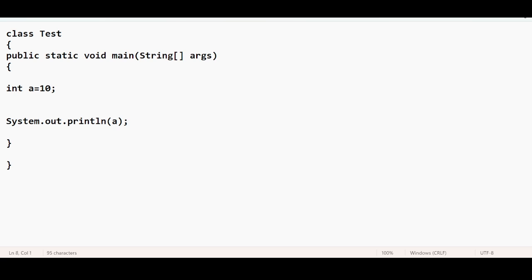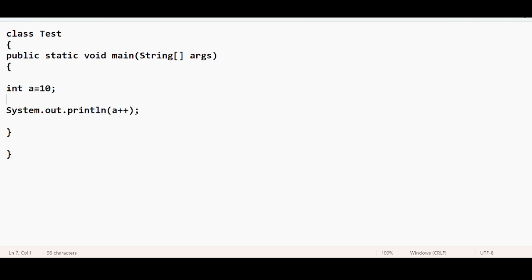So in Java, a equal to a plus 1 can also be represented like a plus plus. Now I am saying a plus plus here.